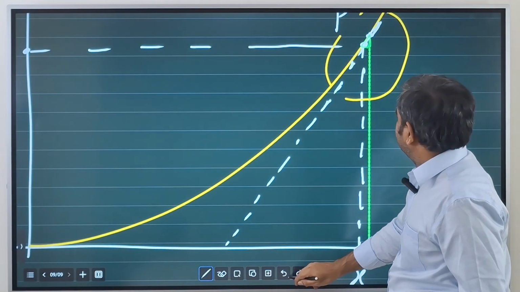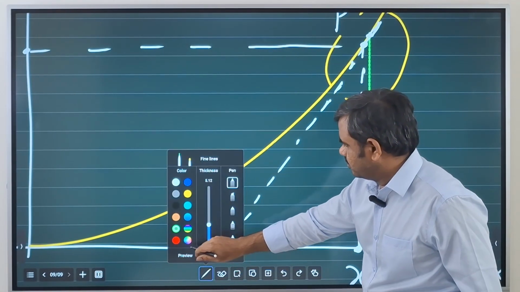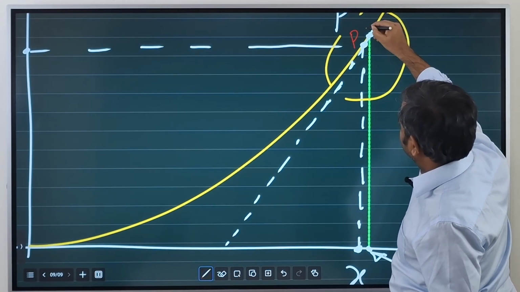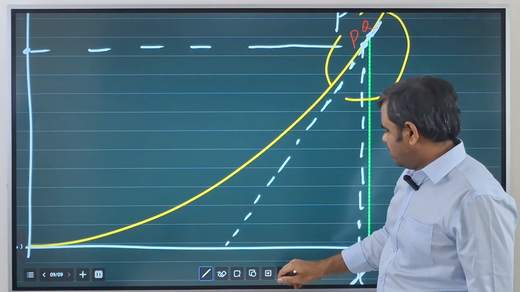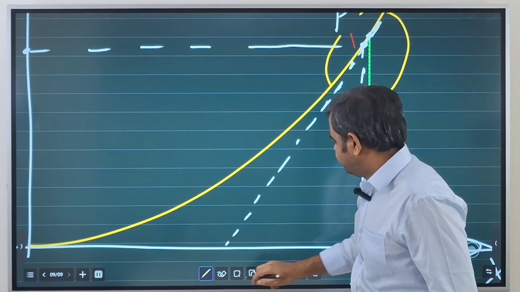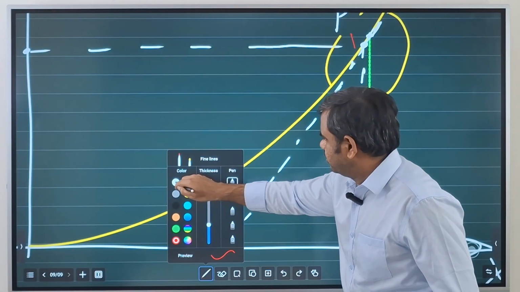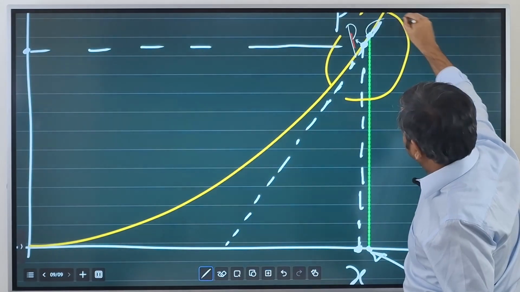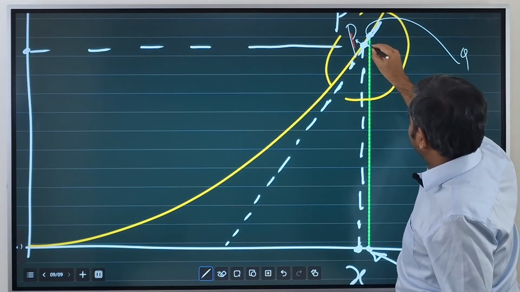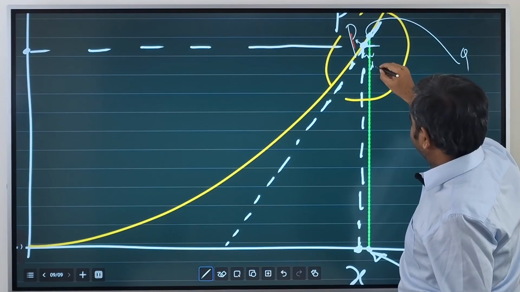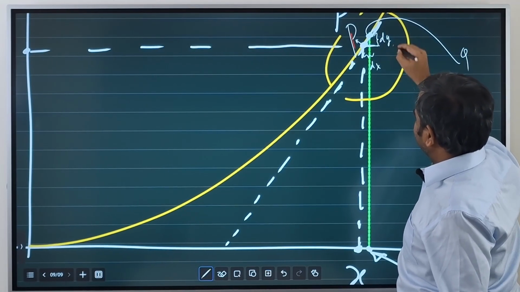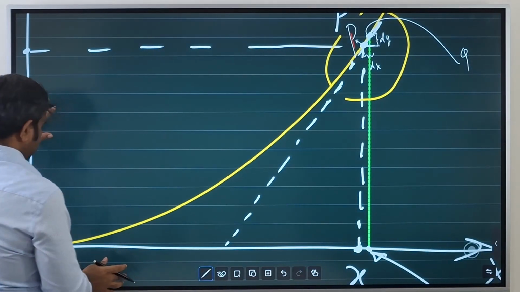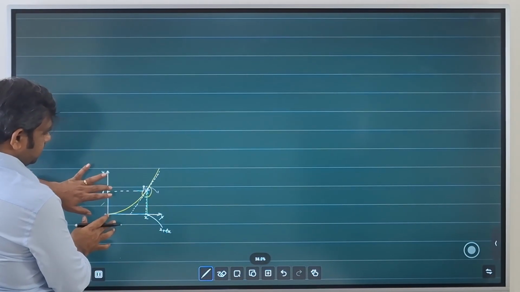Let's call these 2 points P and Q. This point is P, and this point is Q. This gap is dx, and this gap is dy. It looks like a right angled triangle. I'll redraw the right angled triangle here.